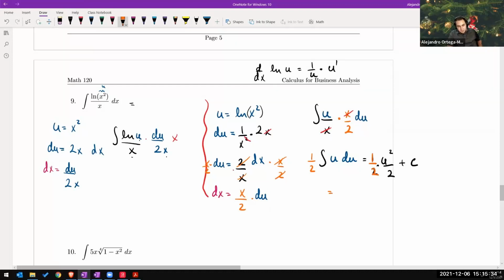So our final answer is going to be 1/2 times the u, which was the ln of x squared, over 2 plus c.